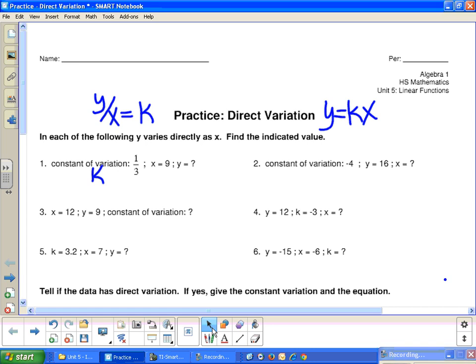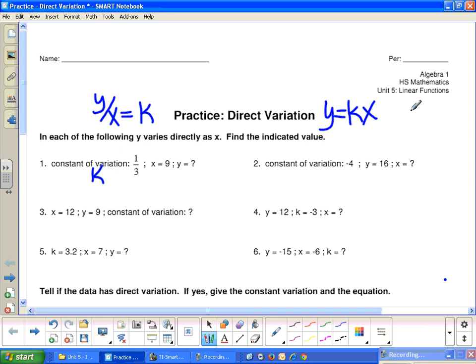So if we're looking at our problems, on the first one, you're given x, k, and you're looking for y. If you're looking for y, then you probably want to do this. Because what this is saying is that for every x, you're multiplying it by 1/3.